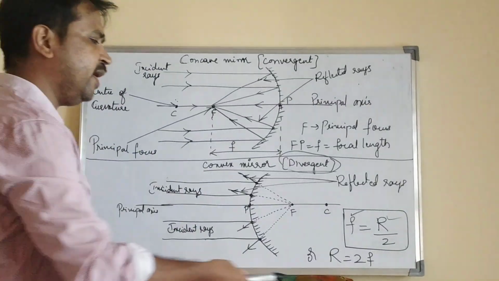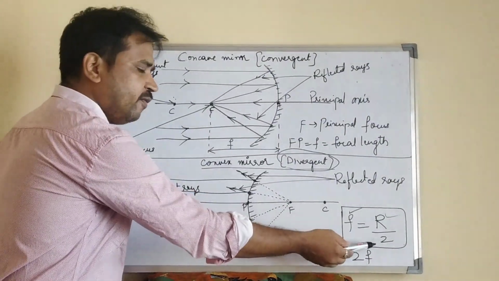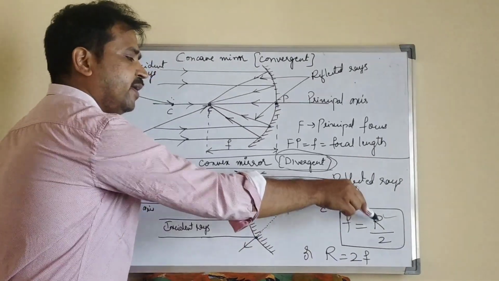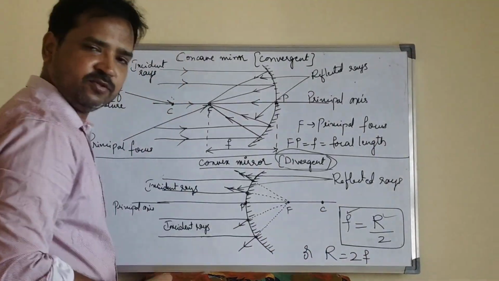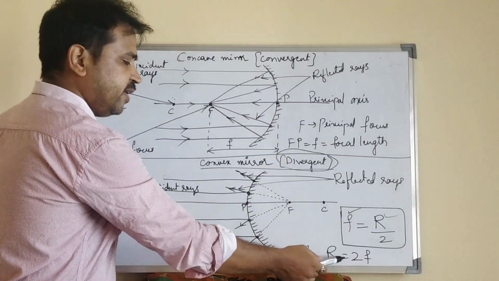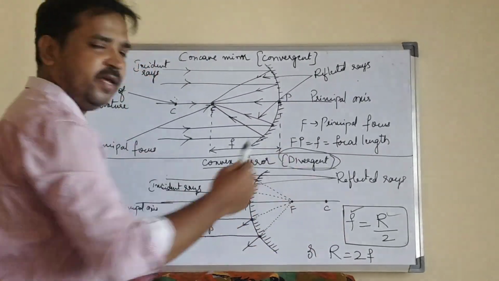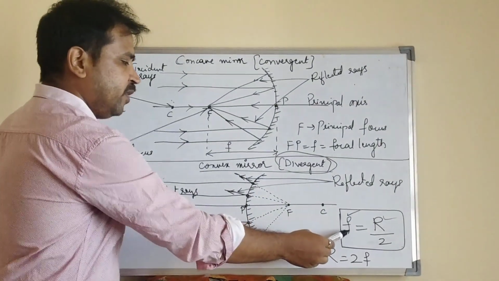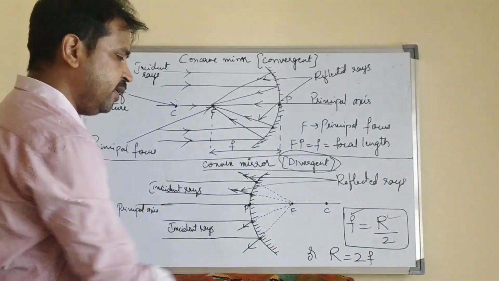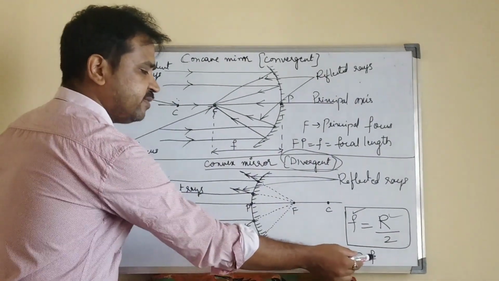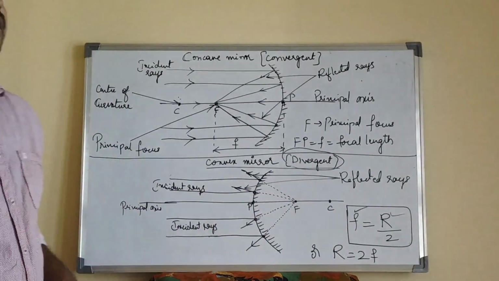Focal length is half the radius of curvature. Or if you cross multiply, 2f equals R, so radius of curvature is twice the focal length. I repeat, focal length is half the radius of curvature, or radius of curvature is twice the focal length. This is the relationship. Thank you.